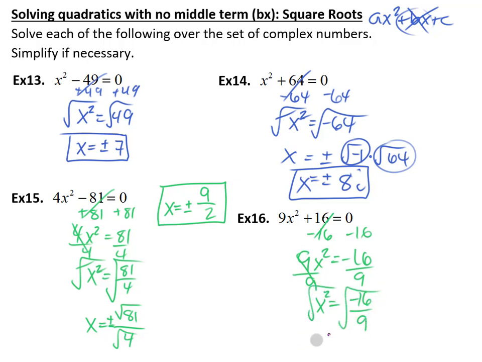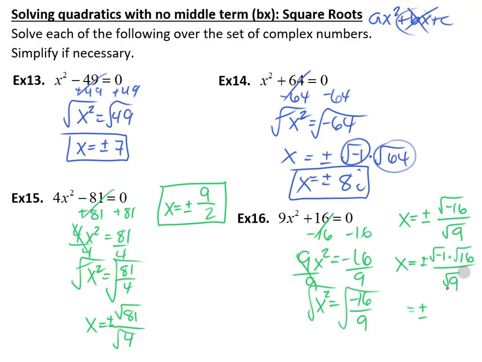And we square root both sides. So just like we said before, you can separate this as, and don't forget your plus or minus, the square root of the top over the square root of the bottom. Okay, radicals can be separated or combined over multiplication or division. Now up top, remember with that negative, you can think of that as square root of negative 1 times the square root of 16.